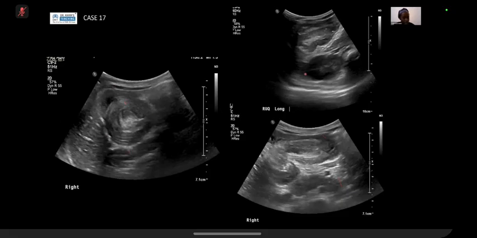And then here we've got a long-axis view. So we've elongated out this structure and we can see this pseudo kidney sign. So here we've got a hypoechoic periphery and central hyperechogenicity, but we know it's not the kidney because we've got the kidney down here. So this is a pseudo kidney sign, and this is also a pseudo kidney sign, which I'll come on to explain.